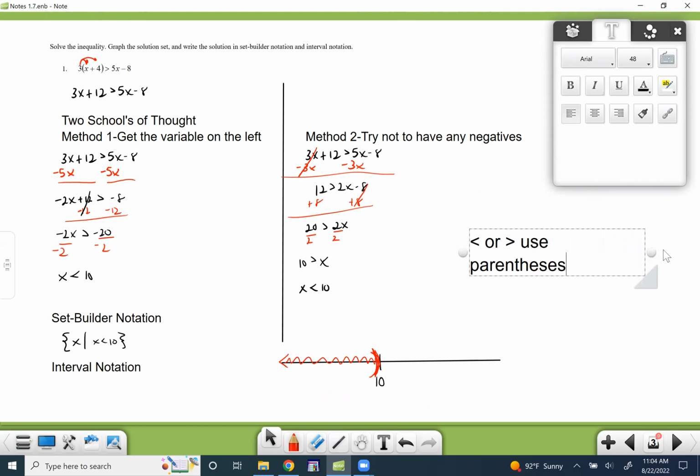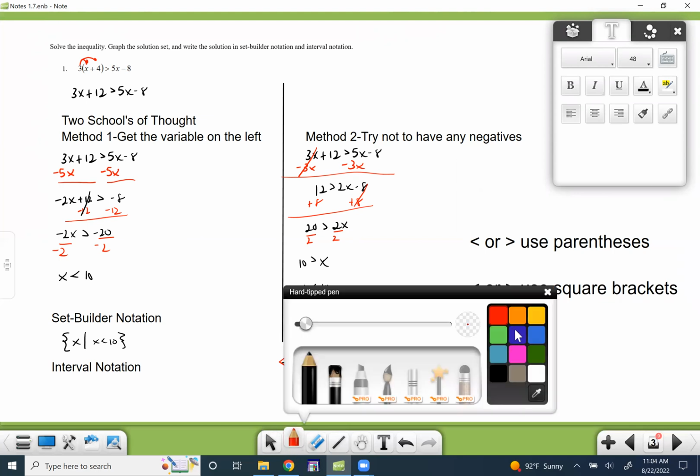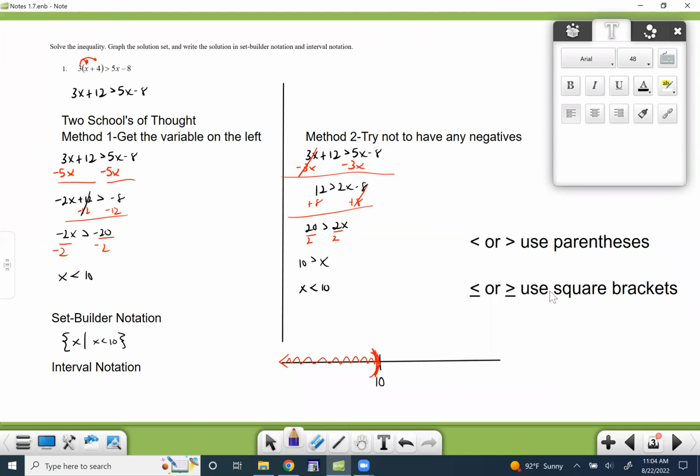And then if you have the line underneath, if you have the or equal to, so the less than or equal to, or the greater than or equal to, you use square brackets. So let me put this in a little bubble here, you guys, so that way you know that this is really important stuff here.